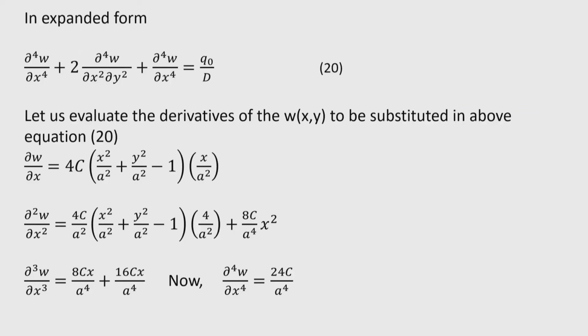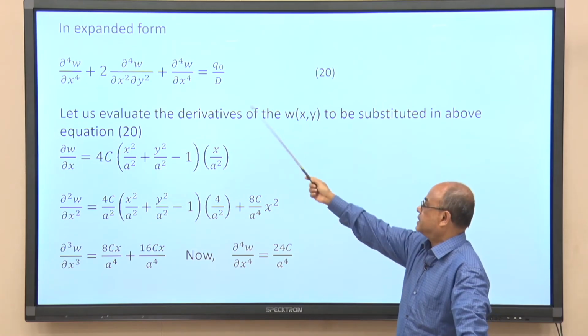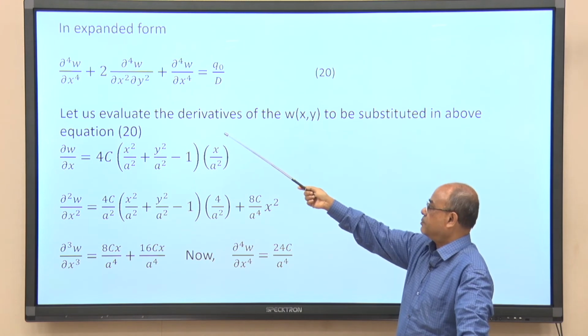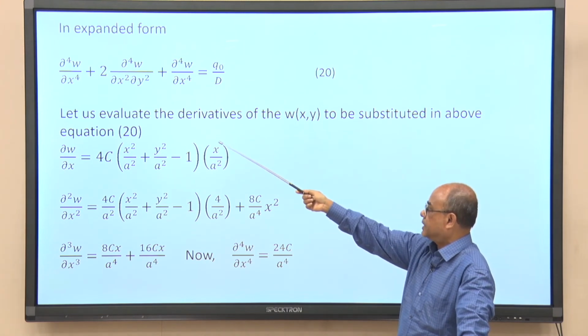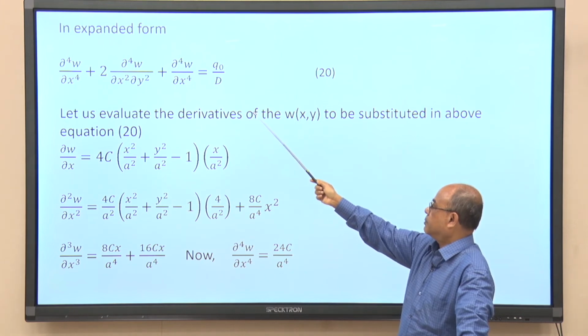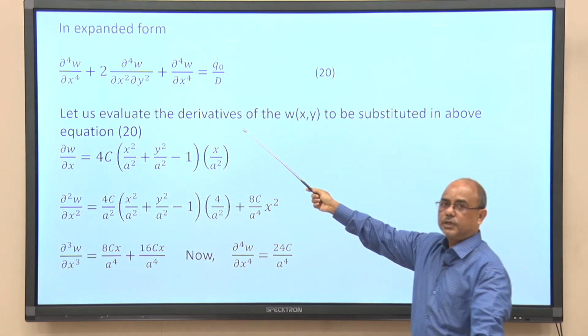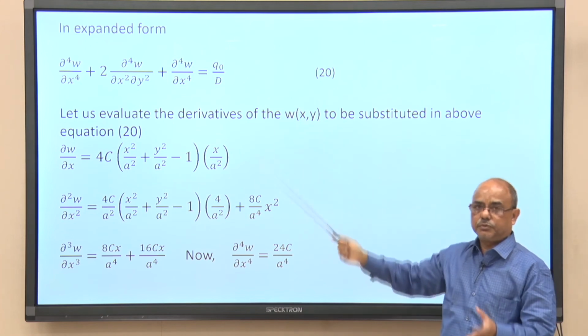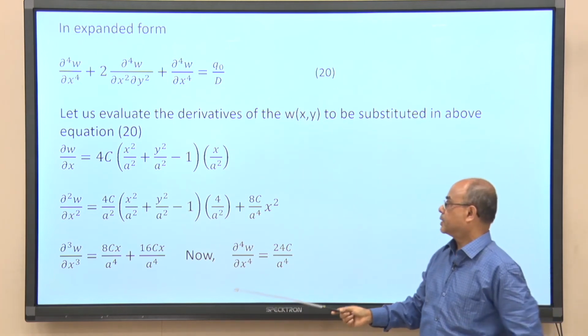Let us see, if I substitute this in the differential equation, del 4 w equal to q by D, which is expanded in this form: del 4 w by del x 4 plus 2 del 4 w by del x square del y square plus del 4 w by del y 4 equal to q naught by D. Q naught is the uniformly distributed load.